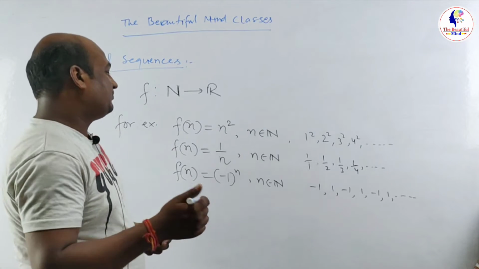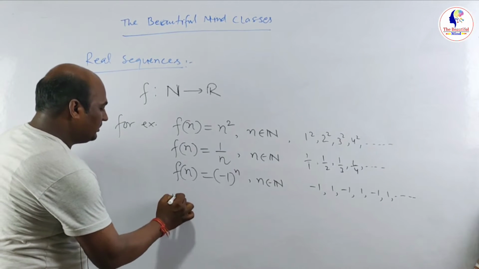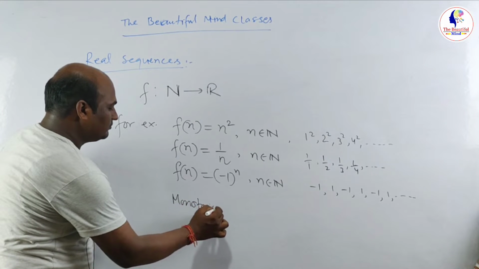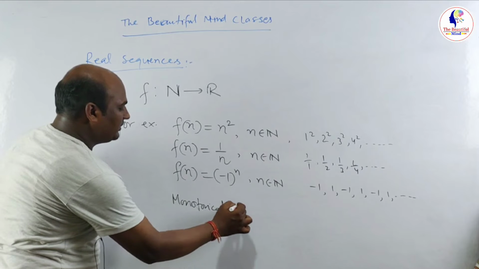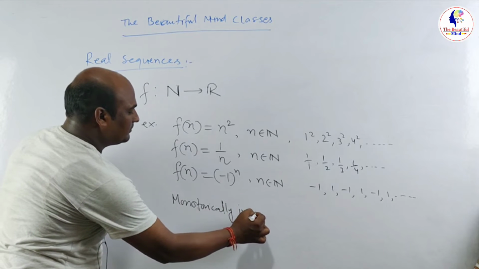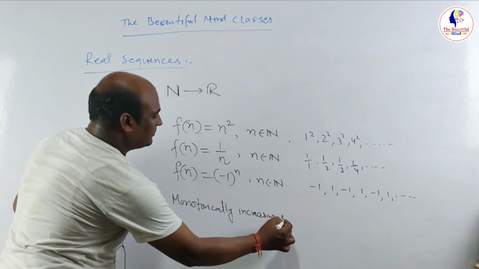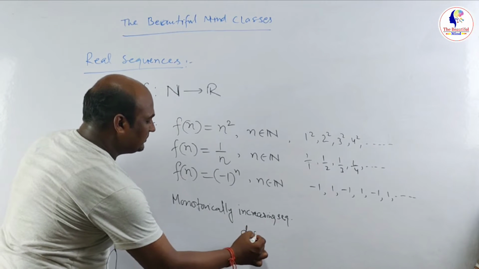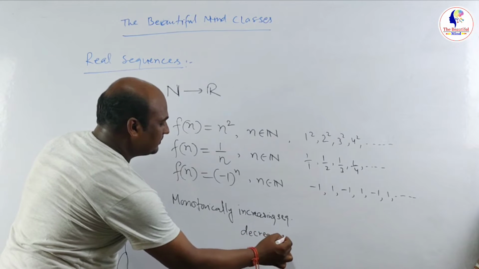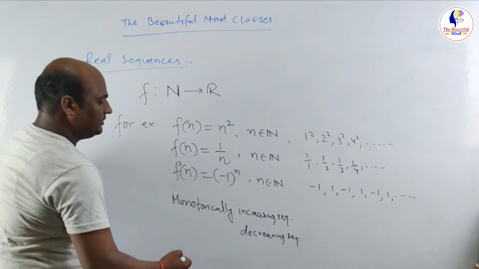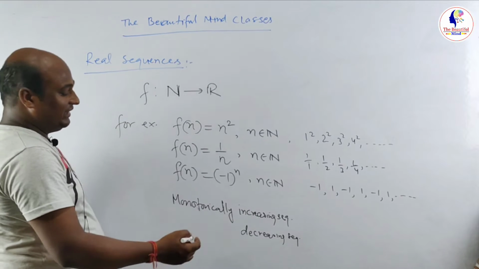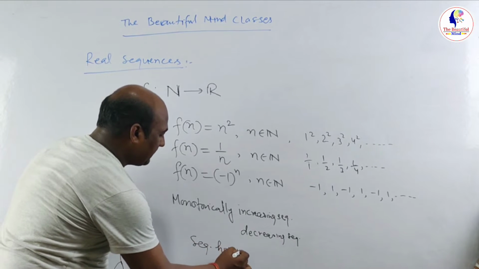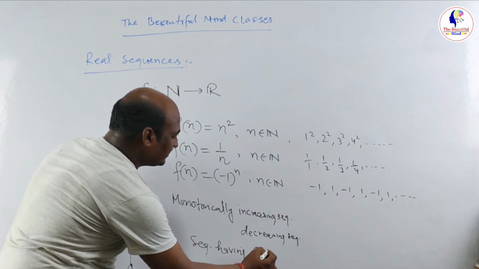Basically, one is a monotonically increasing sequence, another is a decreasing sequence, and also a sequence having oscillatory behavior.